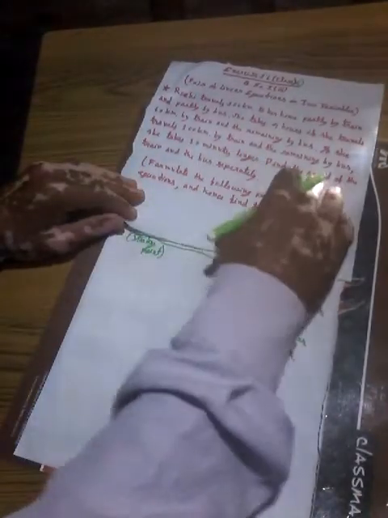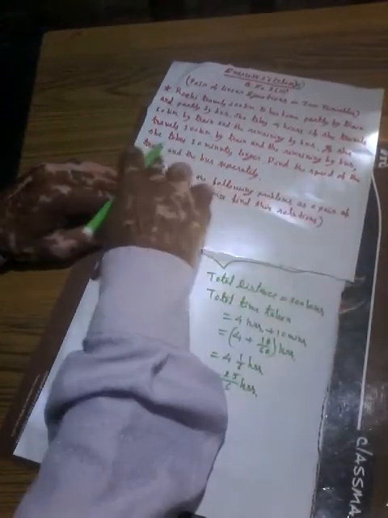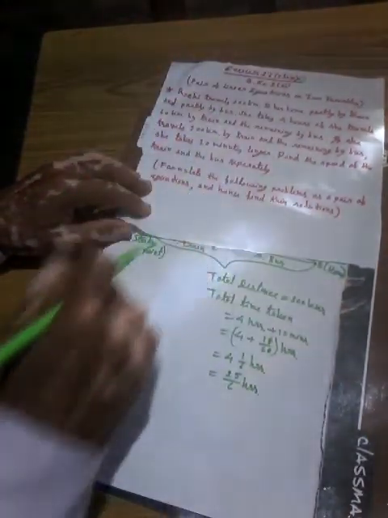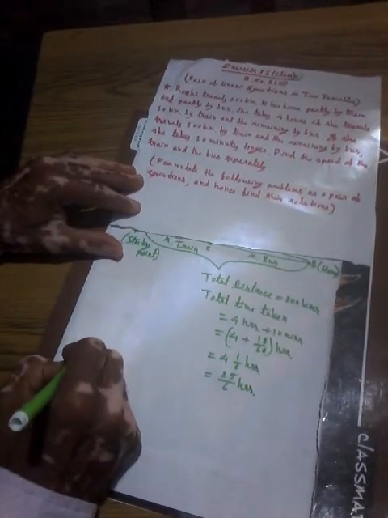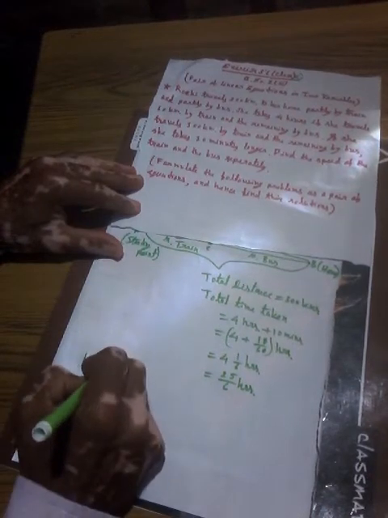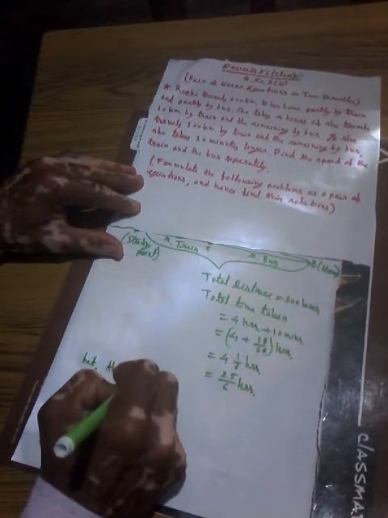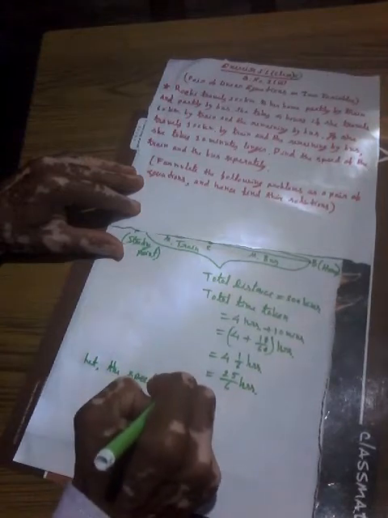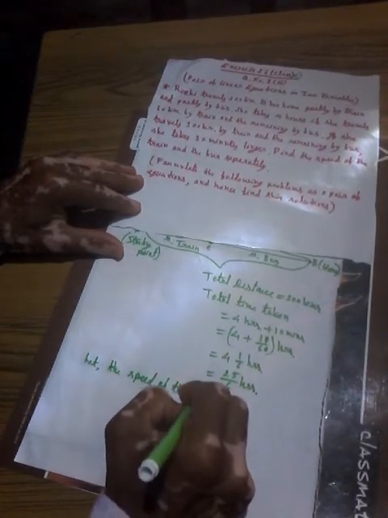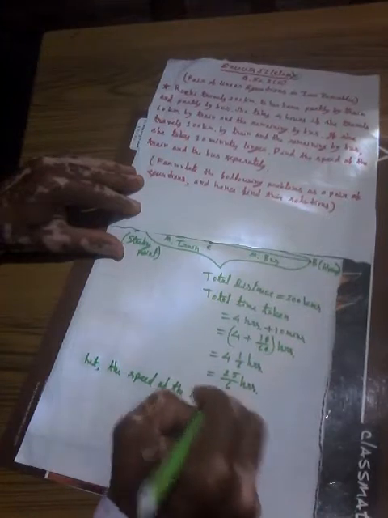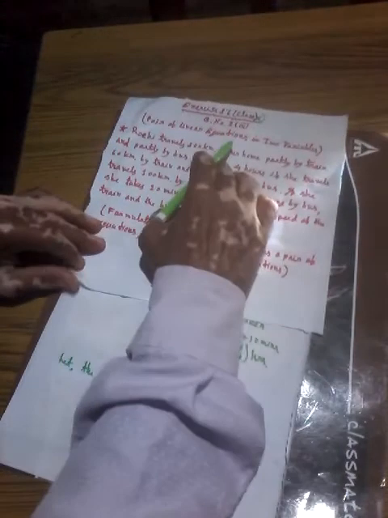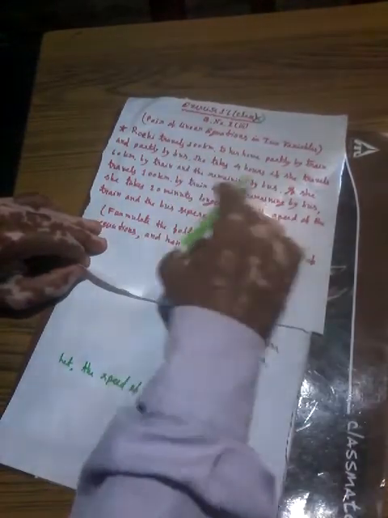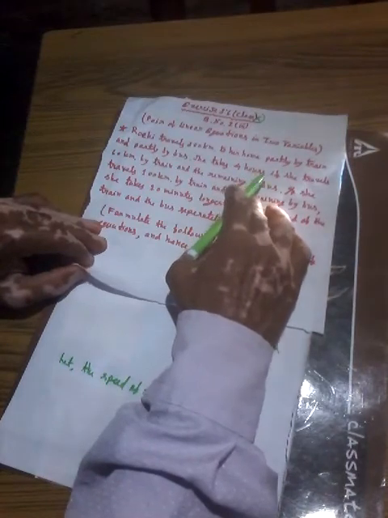Now after this, let us consider the speed of the train and the bus separately by two variables. So write in this way: let the speed of the train be x. The unit of distance is kilometer and the unit of time is hours.